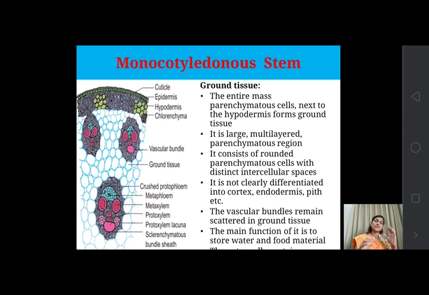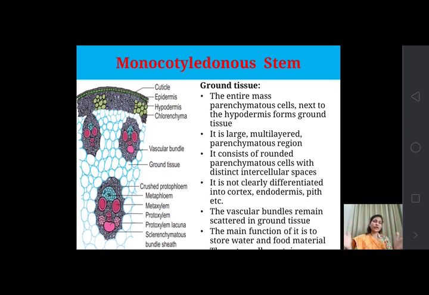The cells are somewhat larger in size, and somewhat rounded or oval in shape. Okay, and it is not clearly differentiated into cortex, endodermis, pith, etc., as we have seen in the anatomical structure of dicotyledons and the monocotyledonous root, where we can easily differentiate the cortex from other parts of the plant body.